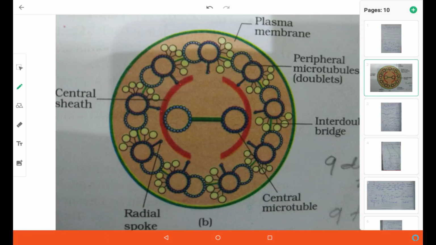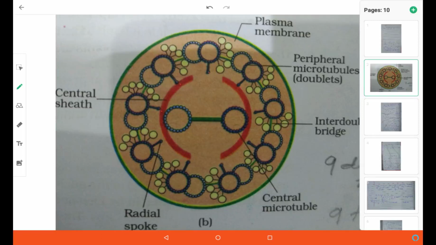So, there are 2 central microtubules present in the center, and the 9 doublets are connected to the core area by radial spokes.